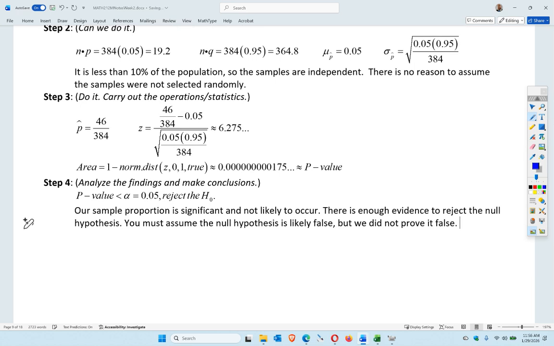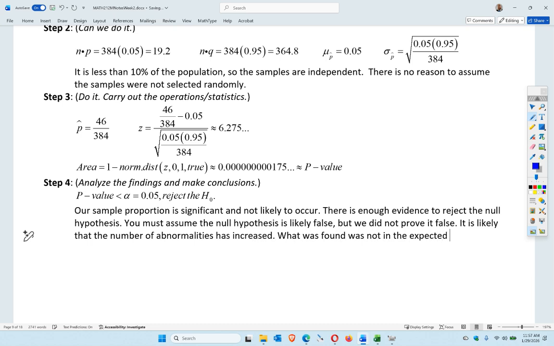All right, so it is likely that the number of abnormalities has increased. That's what we found. Otherwise, it would just be the same. What was found was not in the expected range of outcomes. So our sample was not in the expected range of outcomes. It's outside of that, so therefore we found enough evidence.